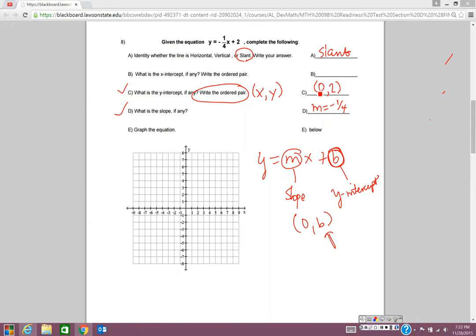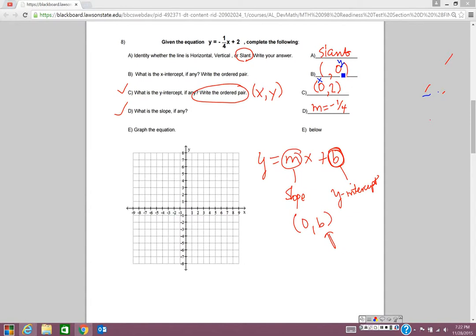It turns out when you have the y-intercept, your x is always 0. So for the x-intercept, your y will always be 0. So it's opposite of what you think it is. Anytime you have a y-intercept, the x is 0. And whenever you have an x-intercept, your y is 0.